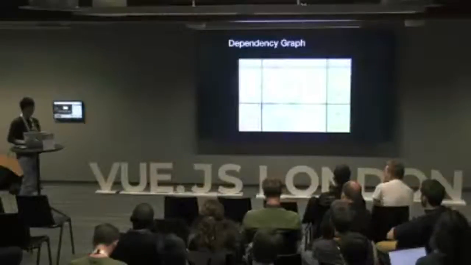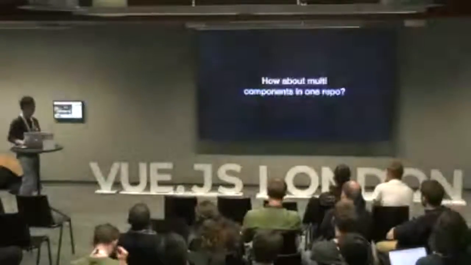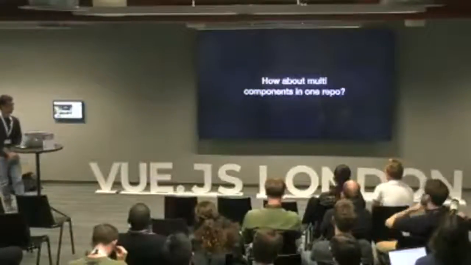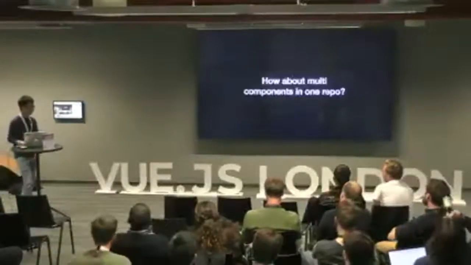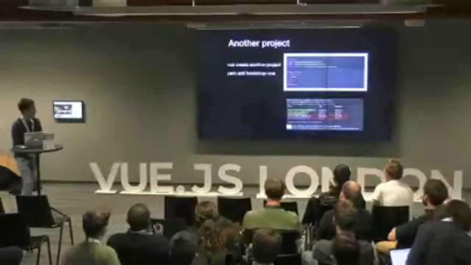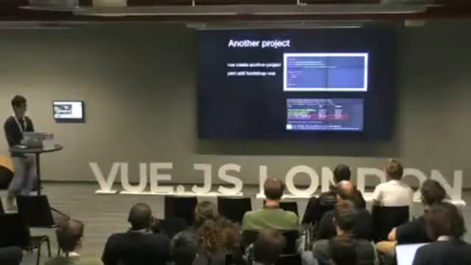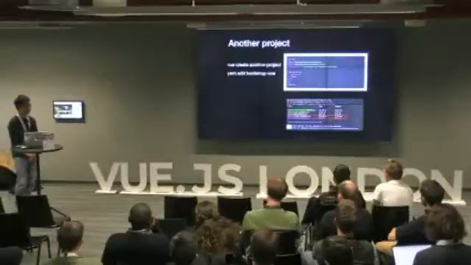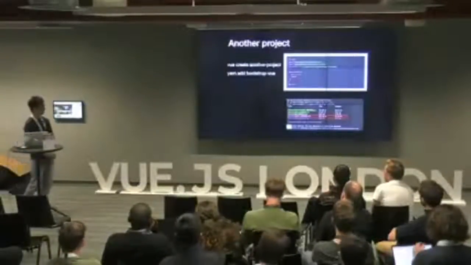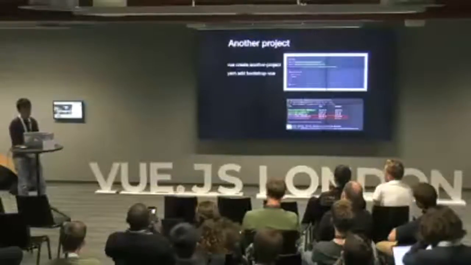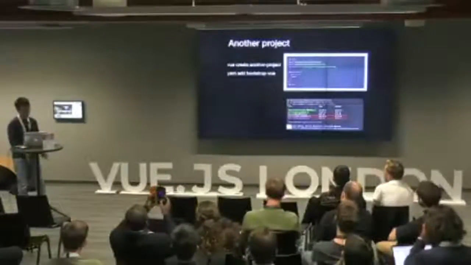But how about we try to write more than one component in a repo, Git repo here? I try to use Bootstrap Vue components as a test, and in order to use the style sheet, all the style from the code base, I have to import its compiled CSS file here.